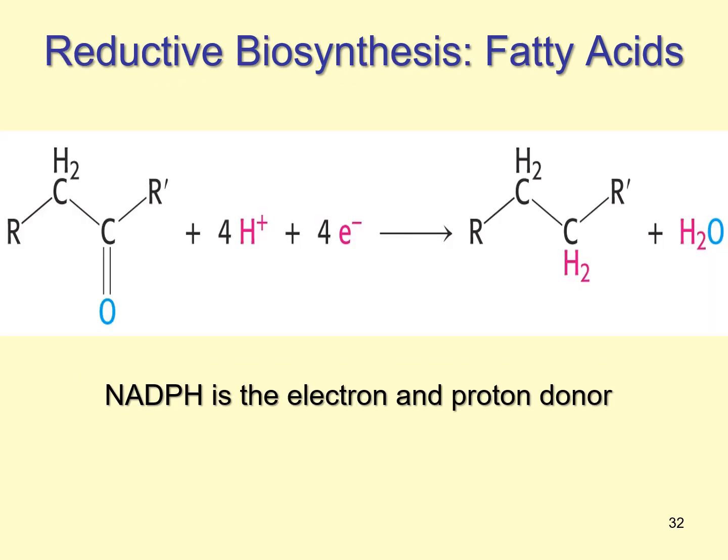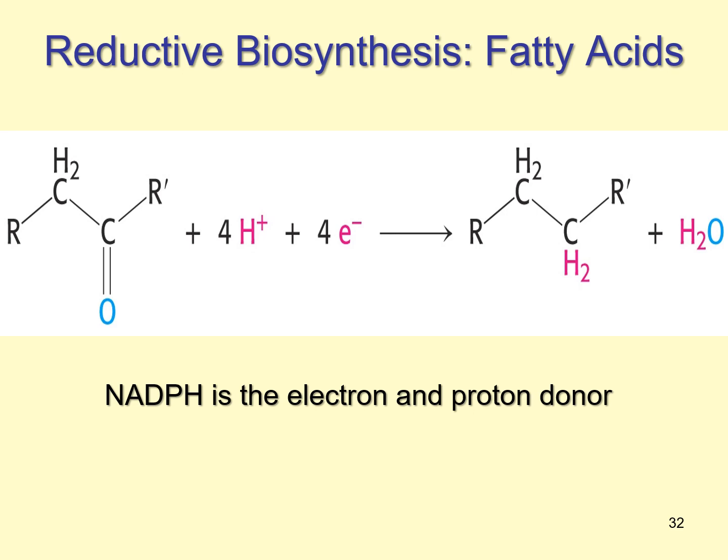So reductive biosynthesis of fatty acid, as you know, fatty acid can be biosynthesized from acetyl-CoA and malonyl-CoA, and acetyl-CoA is the starter unit which has 2 carbons, and malonyl-CoA is a source of 3 carbons. That is one scenario of fatty acid synthesis, but there is also reductive biosynthesis supported by NADPH as the electron and proton donor, which has a very important role in biosynthesis of fatty acids.